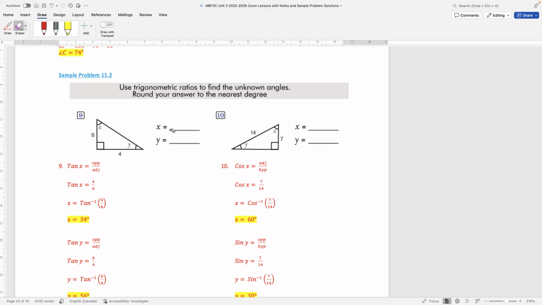Okay, so first thing first, you have to pick an angle. We're going to do X first. This is going to be my reference angle. What am I given? This is the angle I'm dealing with first. I'm going to solve for X first.